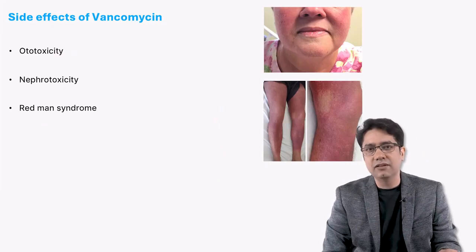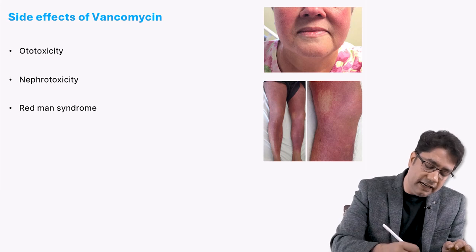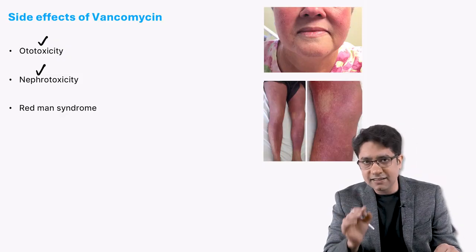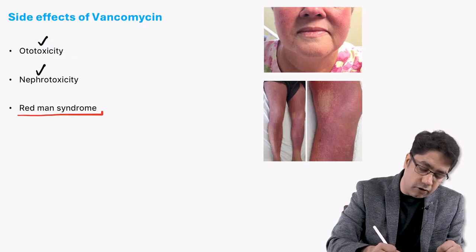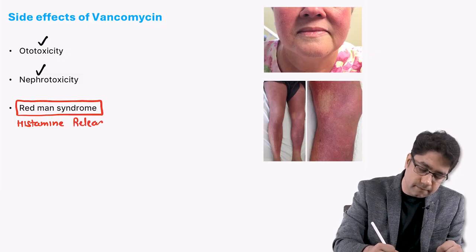So let's talk about the side effect of vancomycin. Vancomycin is highly ototoxic, nephrotoxic, and the classical side effect of vancomycin is that it causes red man syndrome. Red man syndrome is histamine release from mast cells.